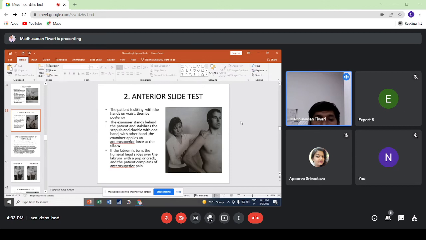With the other hand, the examiner applies an anterior-superior force at the elbow. If the labrum is torn, the humeral head slides over the labrum with a pop or crack, and the patient complains of anterior-superior pain. This is the anterior slide test.